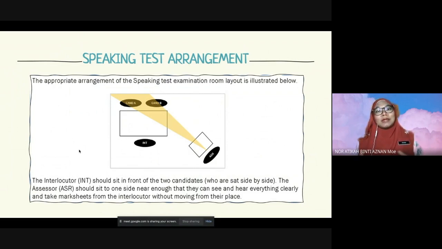The interlocutor will submit the mark sheet to the assessor. That's how it is arranged. You will not know if you are candidate A or candidate B. It is assigned to you, so remember that.